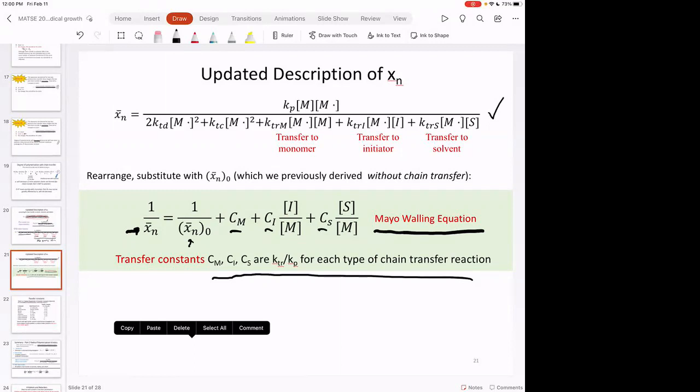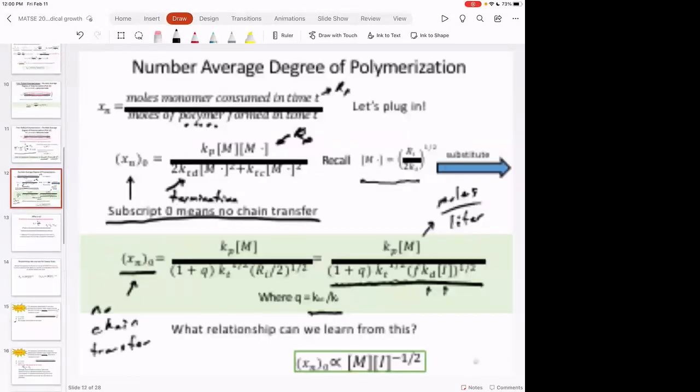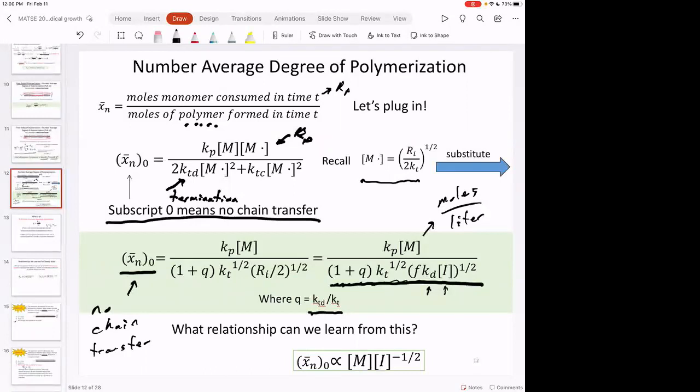So I'll be clear whether chain transfer was happening to get that molecular weight or not. But in this equation, because we have an expression for x bar n0, you can generally calculate x bar n0 given the information in the problem, because you need to know most of this before you start to apply the chain transfer constants. Does that make sense?